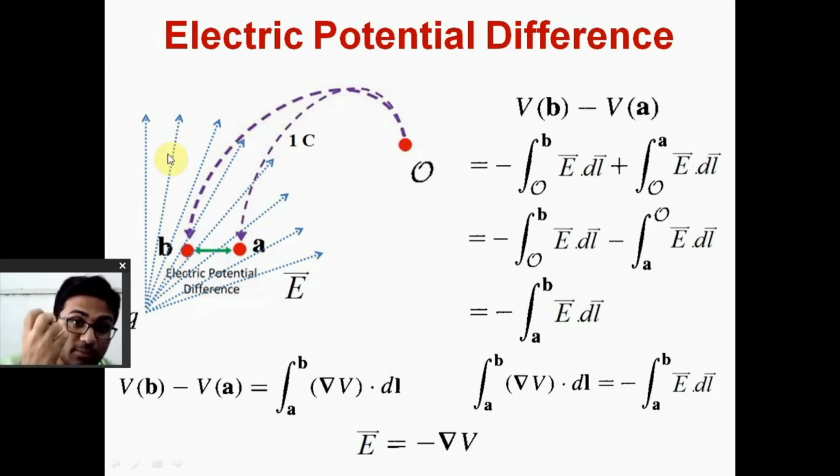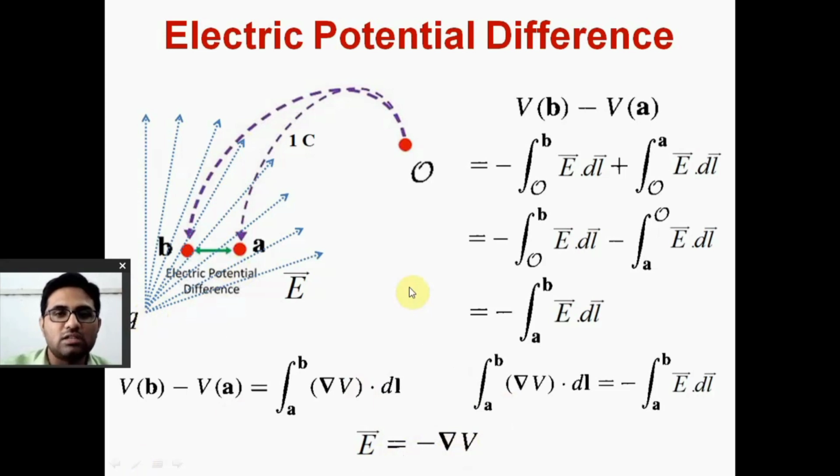As the potential is decreasing, this minus sign is coming, because the gradient tells the maximum rate of increase of any scalar function. But here potential decreases if we go further. That's why this minus sign is coming.